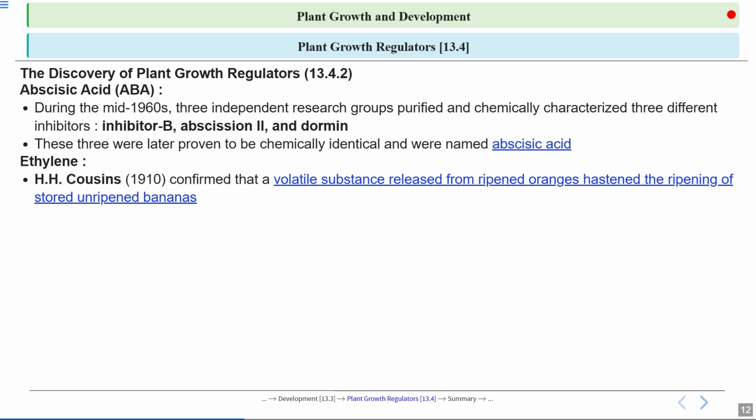He took ripened oranges, and from them volatile substances came out, and those volatile substances cause the ripening of bananas. The oranges were ripe, but when bananas were kept with the oranges, the bananas also ripened due to the effect of the oranges, because some volatile substances coming from the oranges make the banana a ripened one. This volatile substance was later identified as a gaseous plant growth regulator called ethylene.